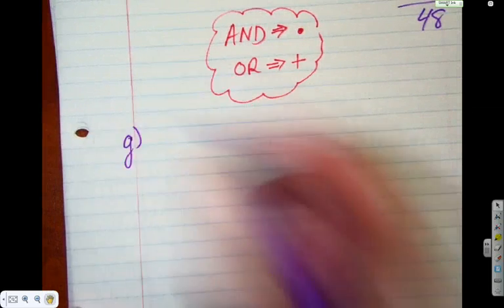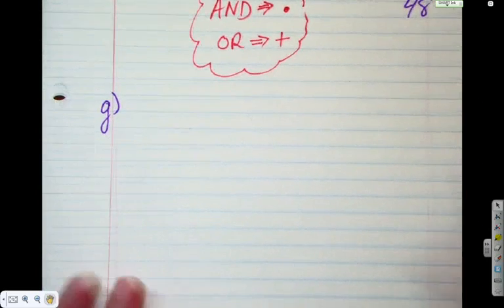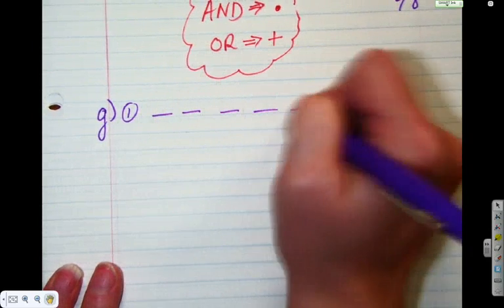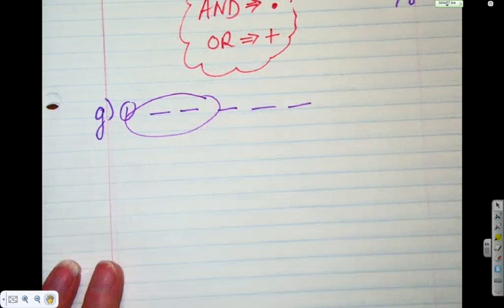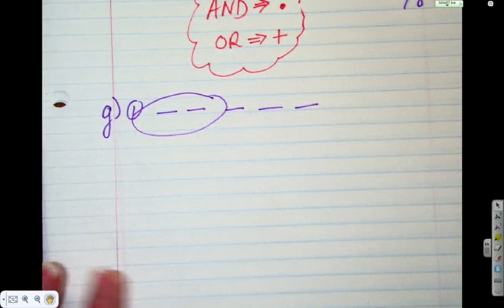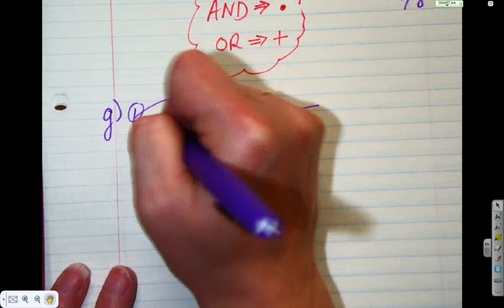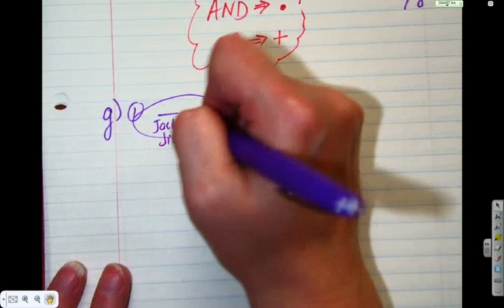Jack and Jill must be together. Case number 1. They can be in the first 2 seats. I'm just going to circle them. Does it matter whether Jack is first or Jill is first? No. So this could be Jack or Jill, which means the other seat is the other one.